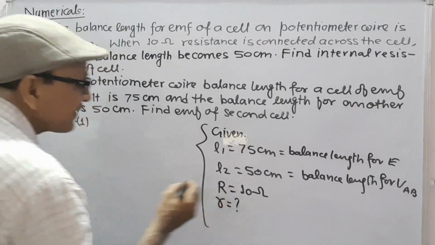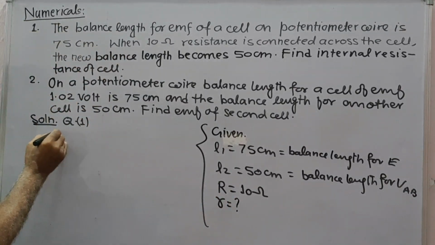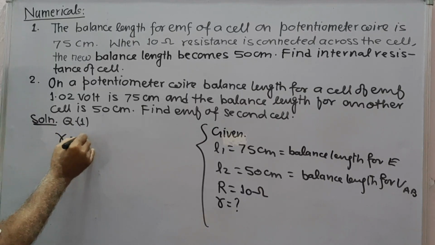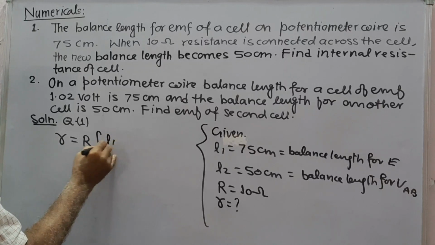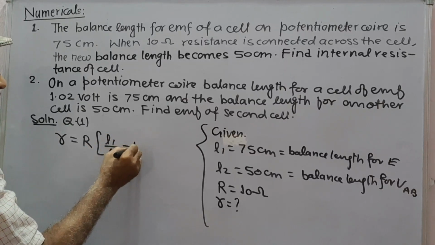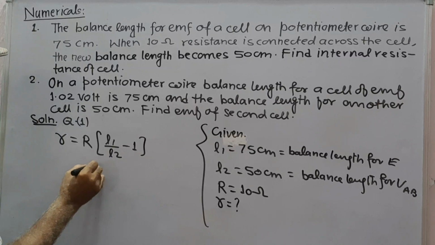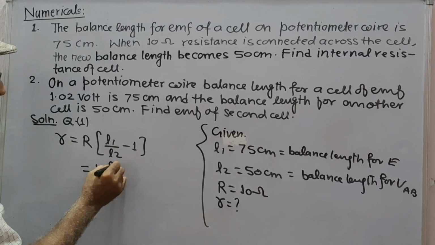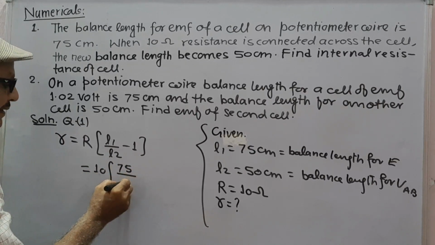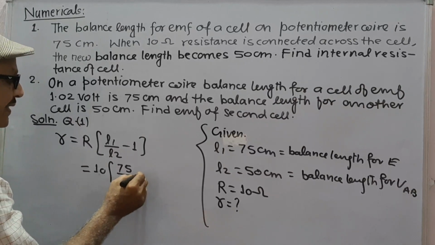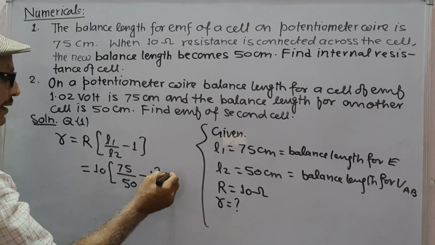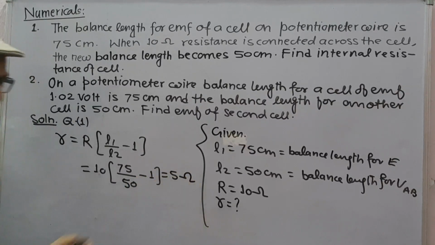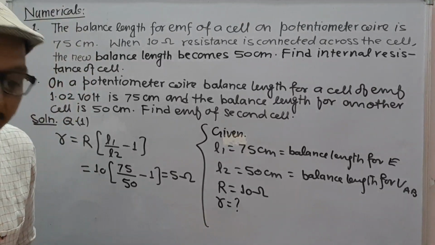We have to find internal resistance of cell. Now internal resistance r is given as R into L1 upon L2 minus 1, which gives 10 into 75 upon 50 minus 1, which gives 5 ohm. So the internal resistance of the given cell is 5 ohms.